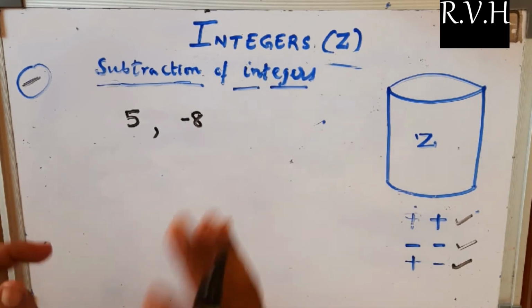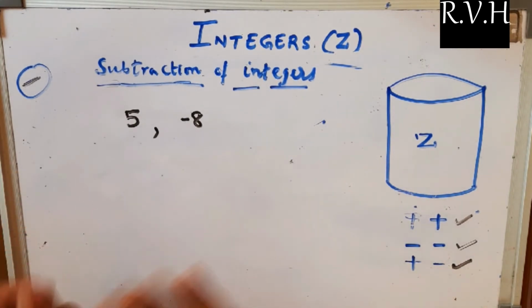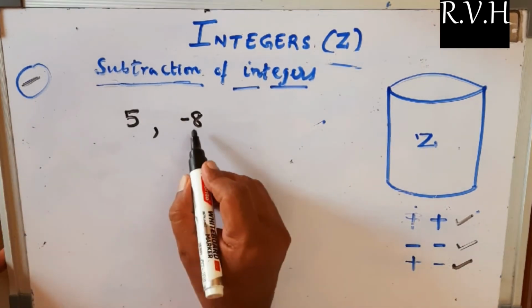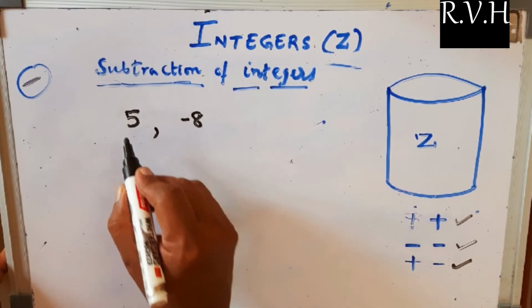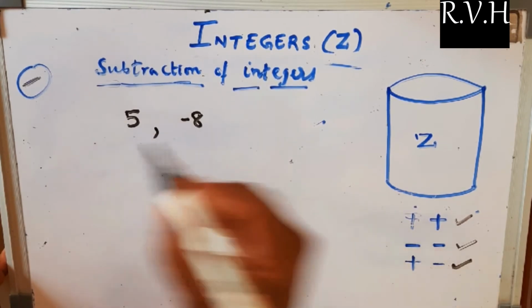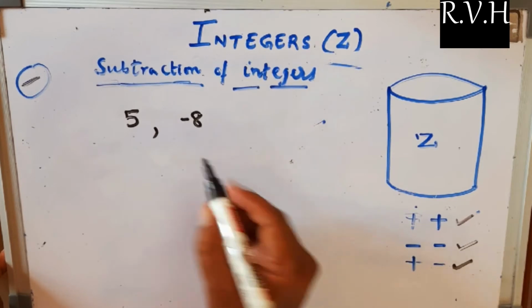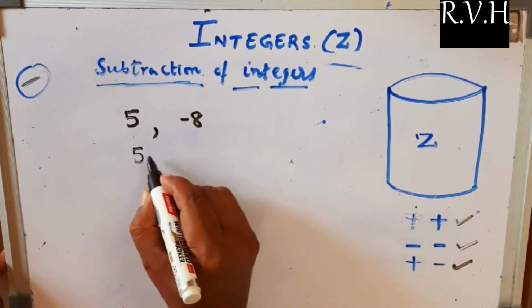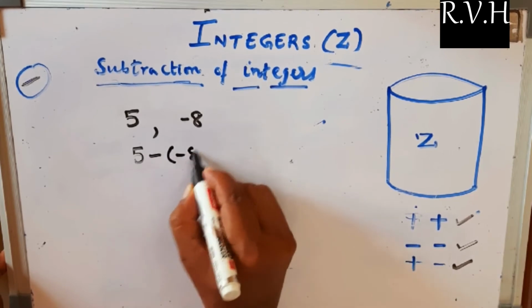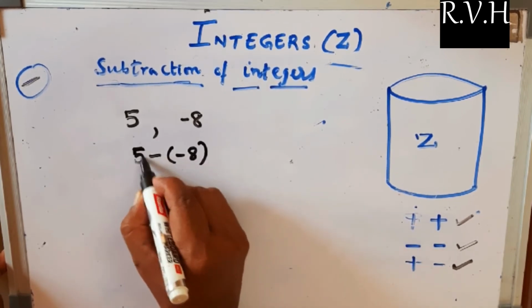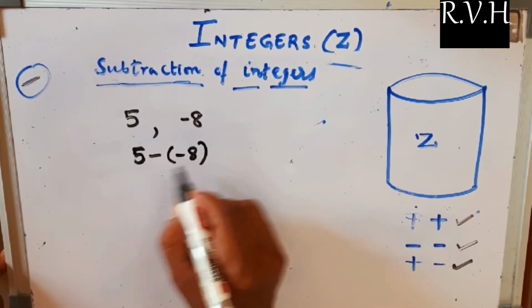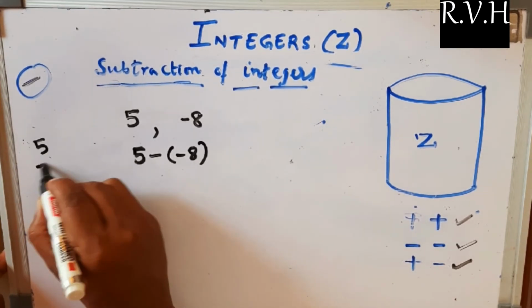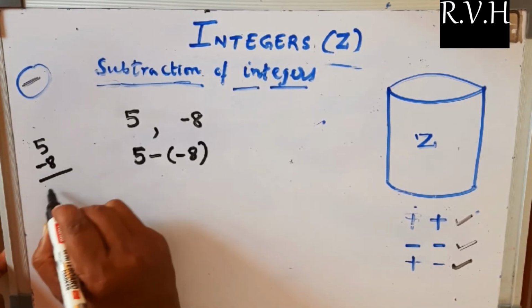So here we are going to subtract in 2 ways. First we subtract minus 8 from 5, and second we subtract 5 from minus 8. Both ways we are going to do. First one, let us do 5 minus of minus 8. That means from 5 we are subtracting minus 8. That means 5 on the top, minus 8 on the bottom. We are subtracting like this.